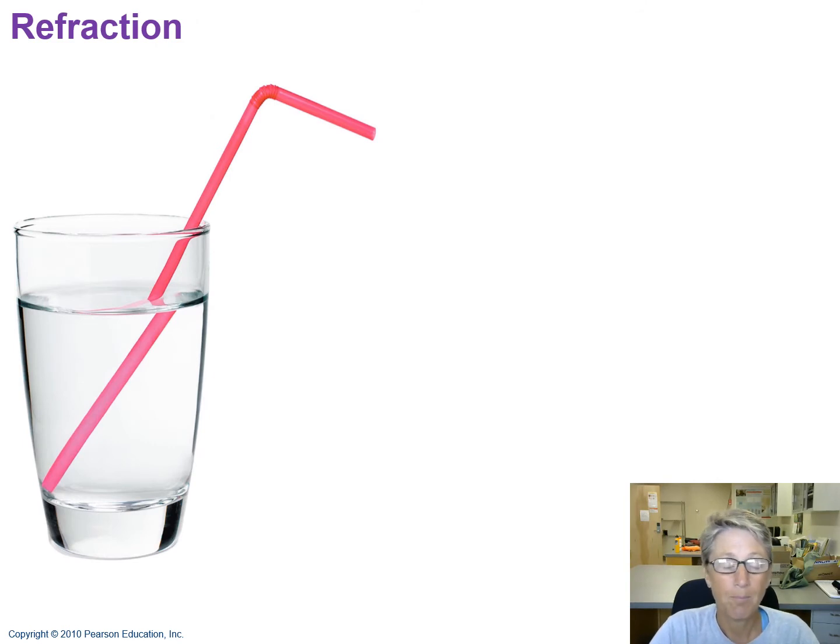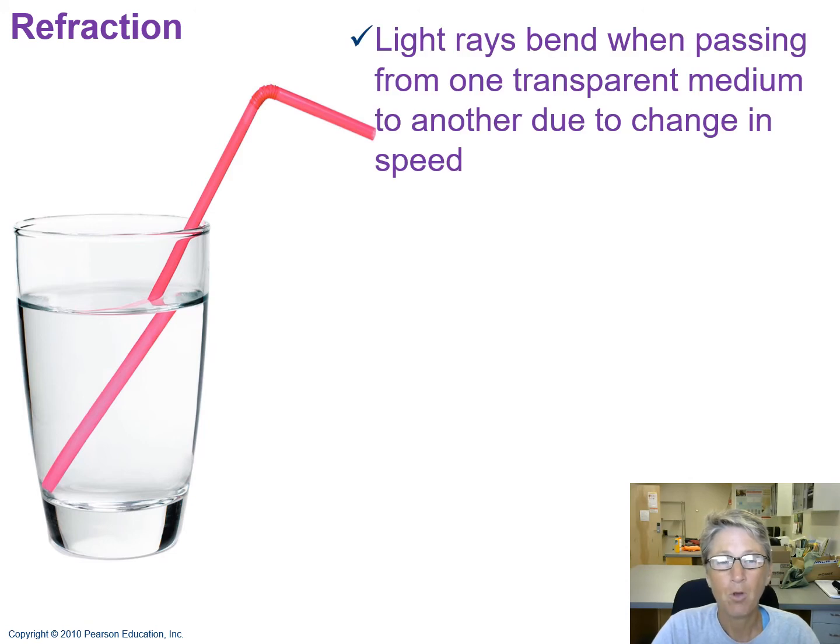This is a photograph actually demonstrating refraction. So refraction, defined, is when light rays bend when passing from one transparent medium to another due to a change in speed. And also that refraction has to occur if you come in at an angle. So if I'm a light wave, I'm traveling in the air, and now all of a sudden I hit the water.